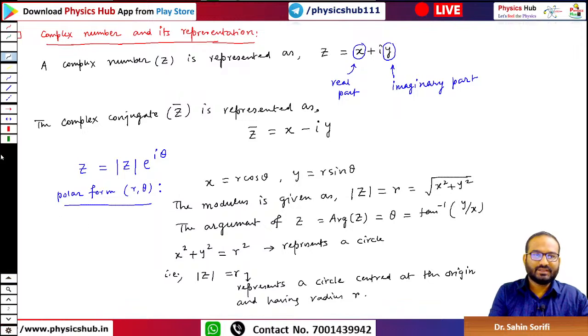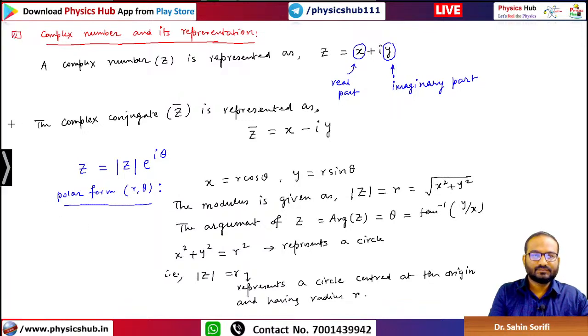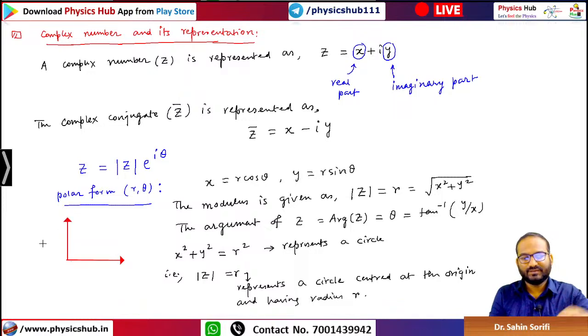So if I show it here, say this is your x axis, this is your y axis. This part is very crucial, guys, for your conceptual development. Try to understand it. In the xy plane, x square plus y square equals r square, what kind of graph is it?